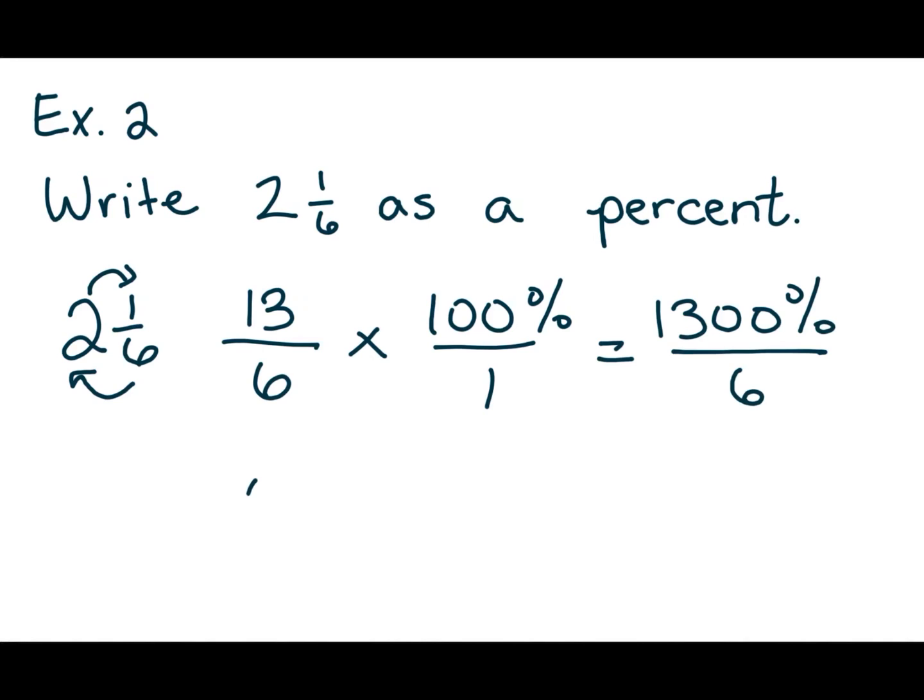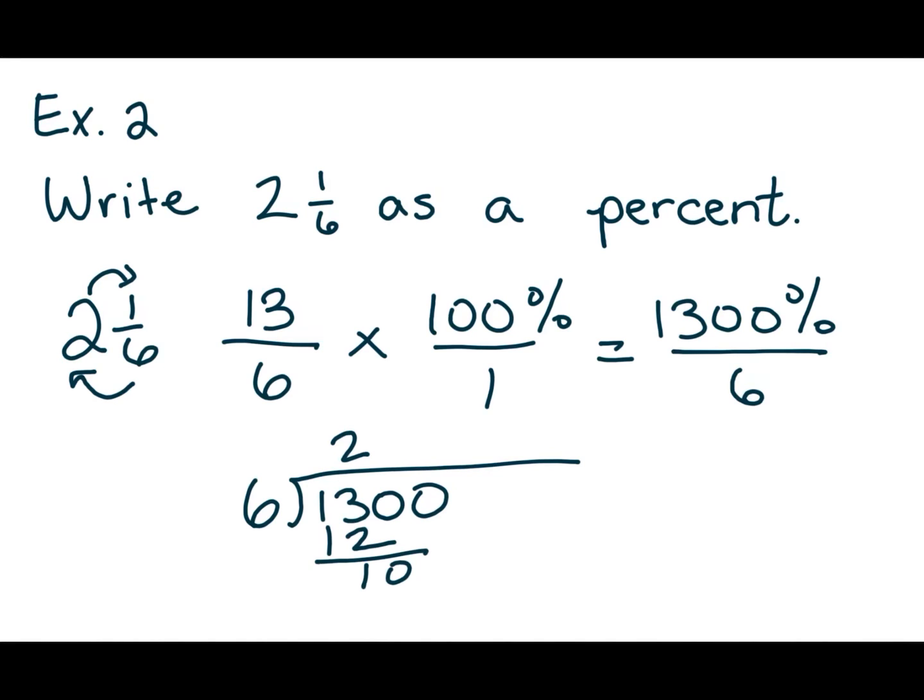All right, so I'm not going to leave it like that. I'm actually going to divide 1,300 by 6. Okay, and I'm going to leave this remainder as a fraction.